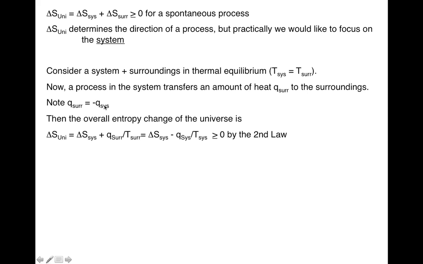Because Q surroundings equals minus Q of the system, and the temperature of the system and surroundings is the same, we now have delta S for the system minus Q system divided by temperature of the system. And look what we've done here. We've now got the whole entropy change of the universe, which is what is driving the process, but it's now completely described in terms of the system.